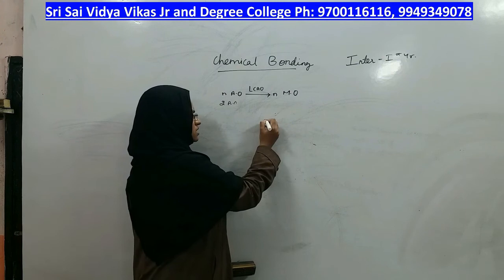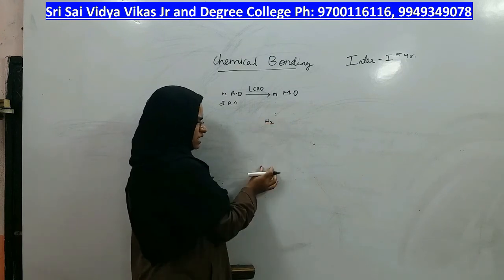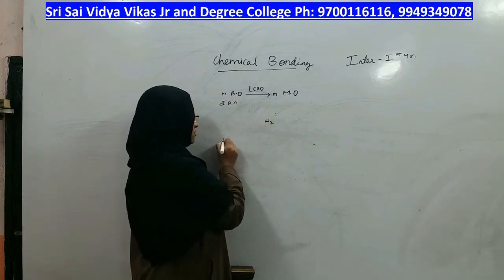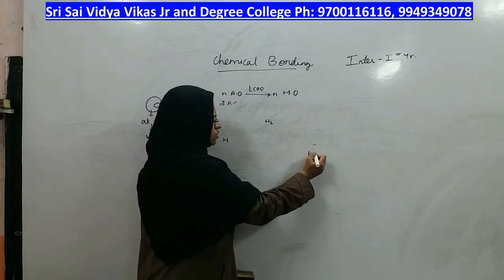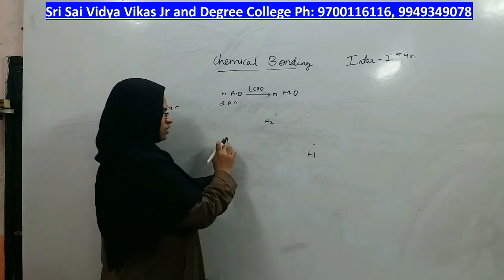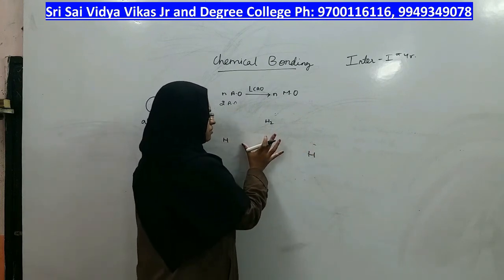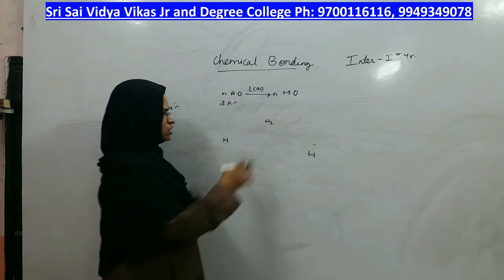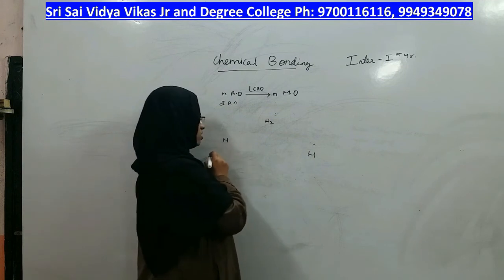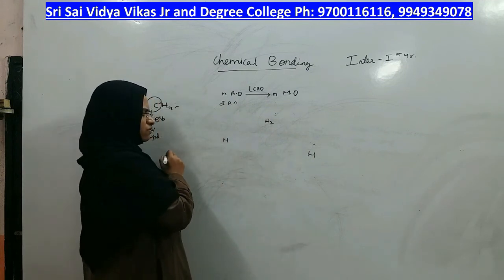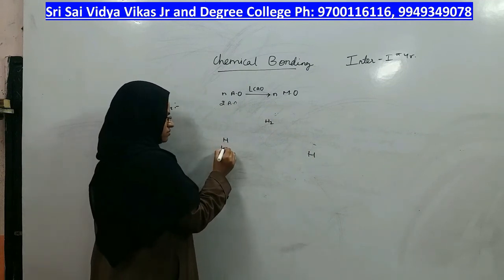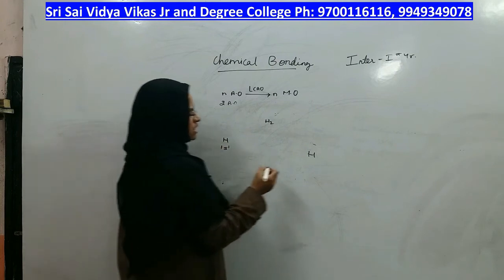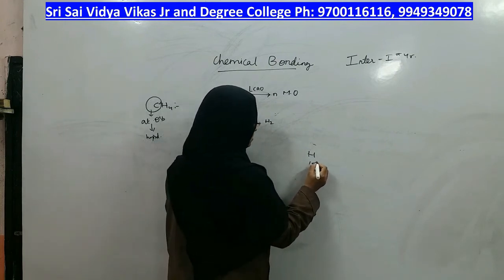This is the hydrogen molecule, which is in the center. How is it formed? By combining two hydrogen atoms. When two hydrogen atoms combine in the form of linear combination of atomic orbitals, you get the hydrogen molecule. What is the electronic configuration of one hydrogen? 1s1. And of another hydrogen? 1s1.